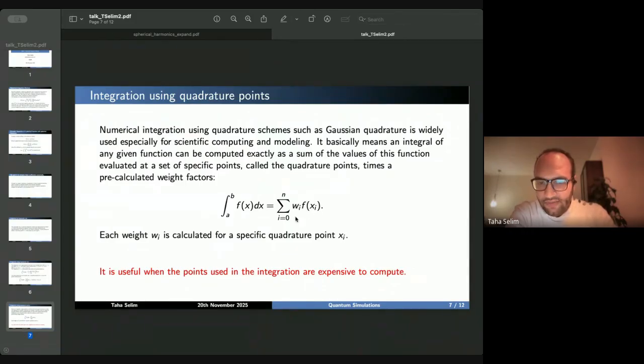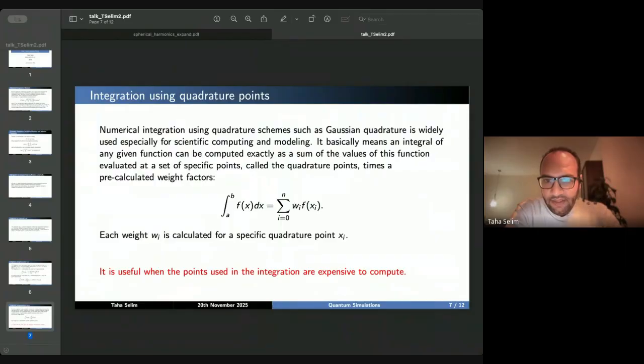If you do this evaluation, you can approximate the integration of this function and get it so close to the exact solution that can be computed from analytical methods.